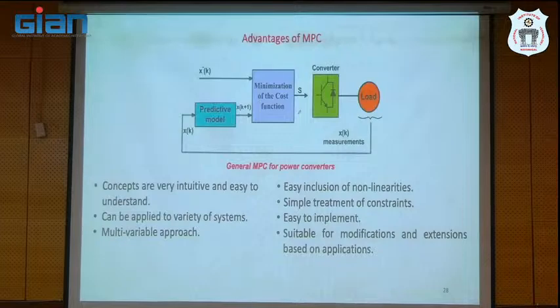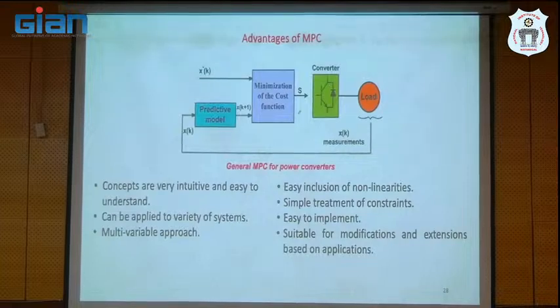What is the problem with the PI controller? A PI controller is applicable to control only one input and one output variable. If you take a PI controller, maximum how many variables can we insert? One. A PI controller gives only one control variable, so it is applicable for single input and single output.